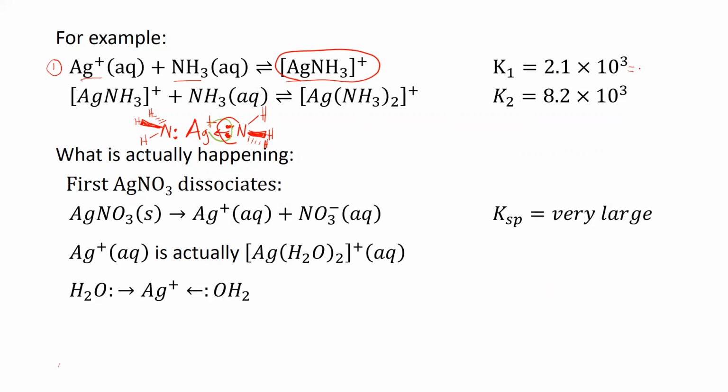That is going to be the concentration of the Ag(NH3)+ complex ion. We'll also call these complex ions just a complex. So if I don't say ion, it's the same thing, right? That divided by the silver ion concentration times the ammonia concentration.